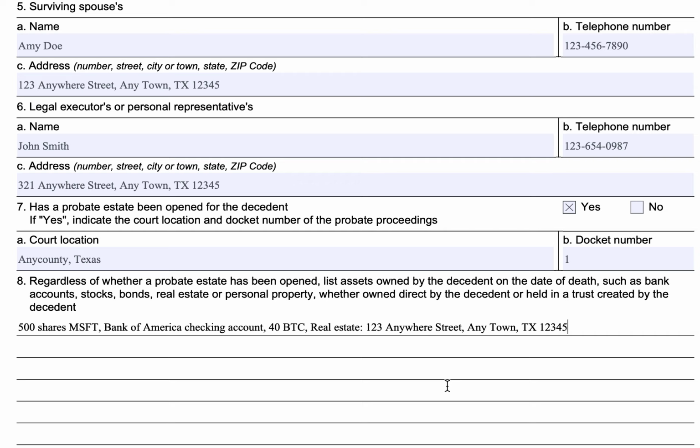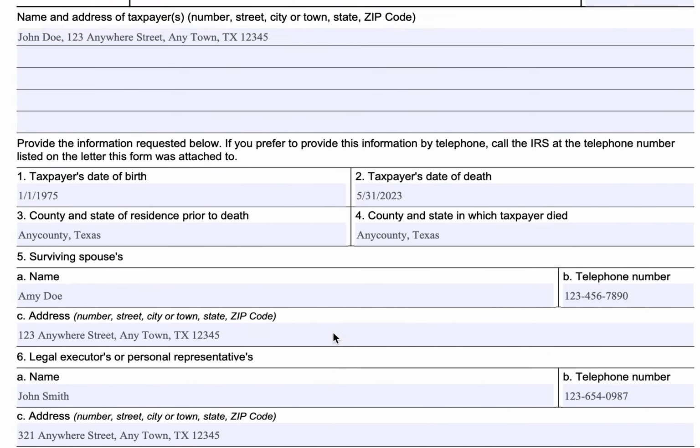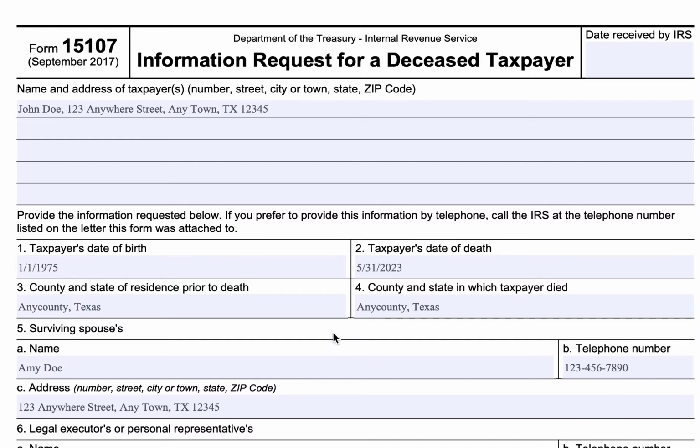You'll be providing this information to the IRS, but the IRS just wants some sort of accounting of what was in the decedent's estate. So again, you don't necessarily have to complete this form to give the relevant information to the IRS. It might be easier in some circumstances to do this instead of waiting on hold for an extended period of time.